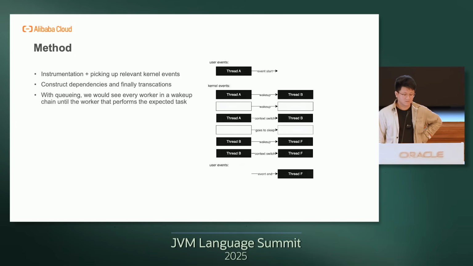And this constructs a unique dependency wheel of the transaction. This is also why with a task queue, we can see a wake up chain between workers, because of this special mechanism.